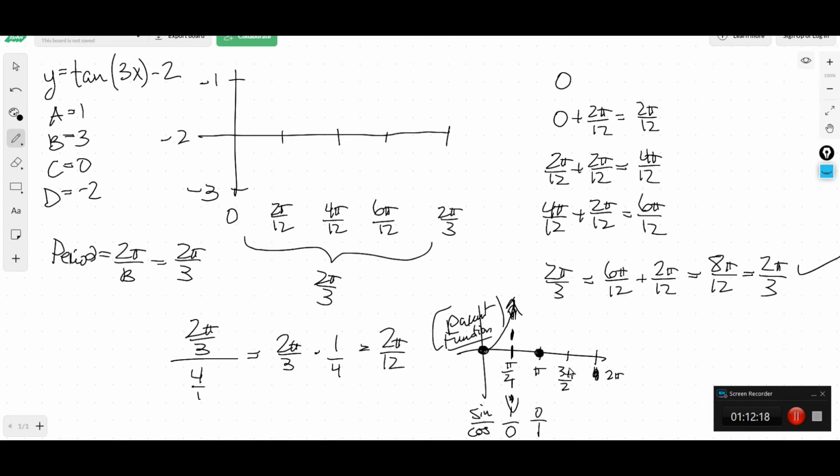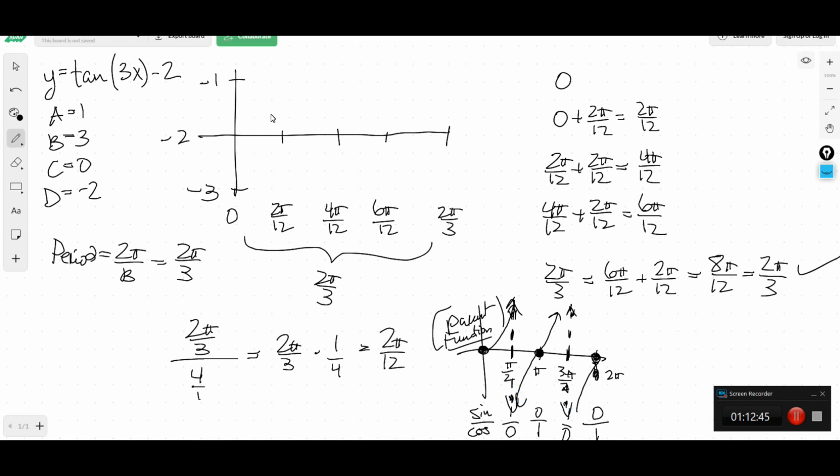Okay, 3 pi over 2, that's where sine is 1, cosine is 0. So that's another undefined. And then at 2 pi, sine again is 0 and I have 1. So my graph looks like this.